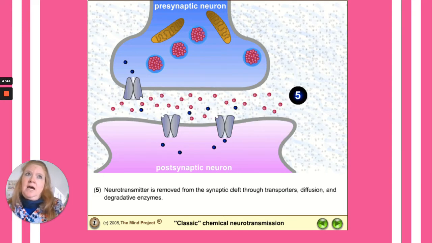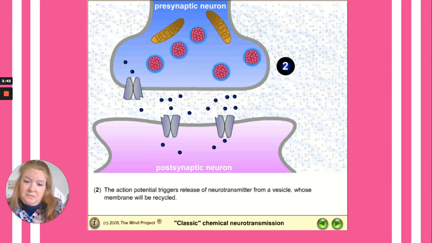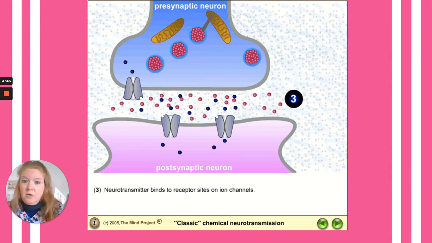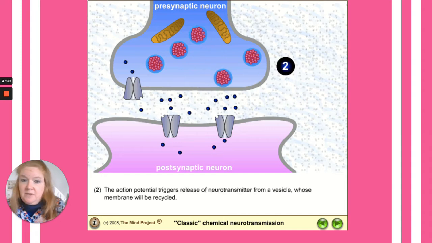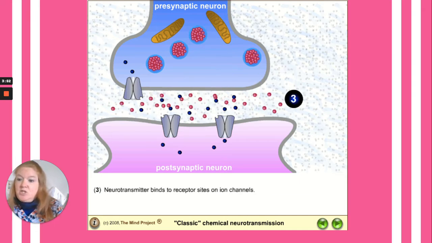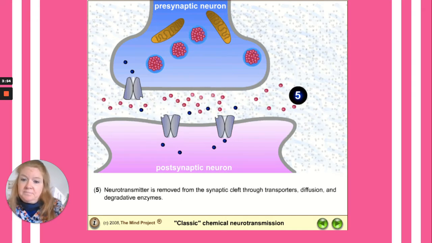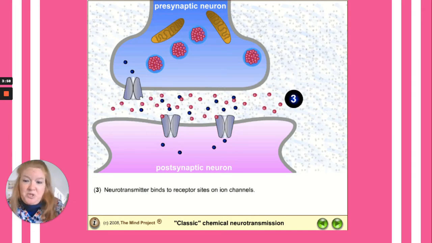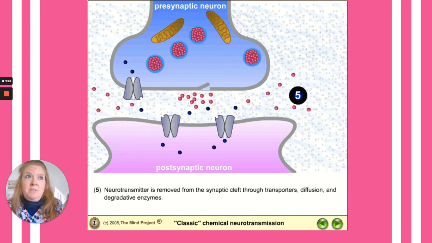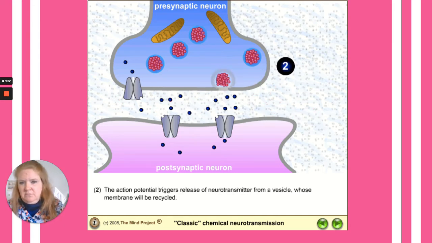And there are things that can affect what happens, things that can go wrong. Well, there might not be enough vesicles with, say, dopamine in them. Well, that's a problem. There may not be enough receptors, also a problem. There might be too many receptors, also a problem.